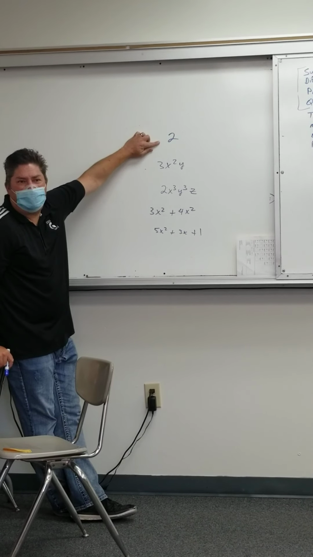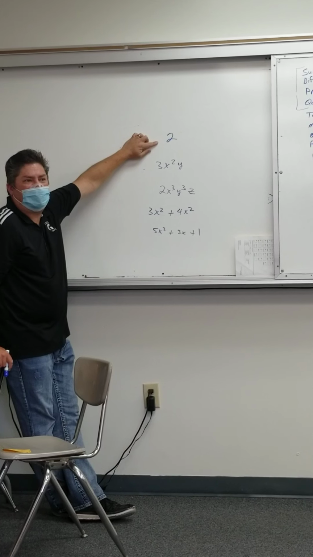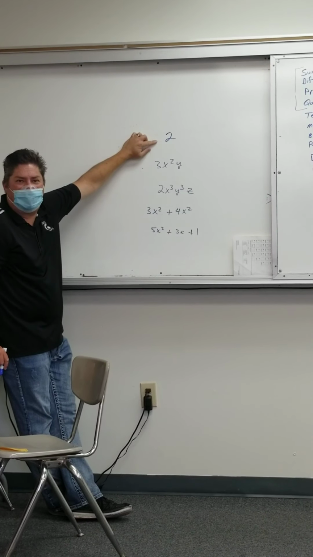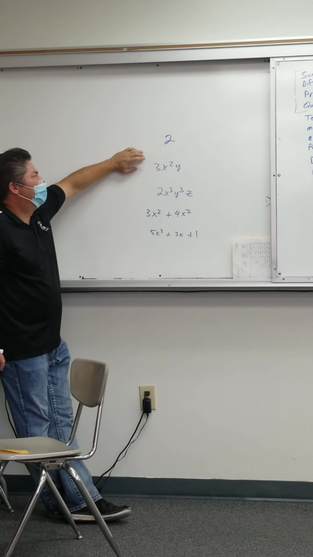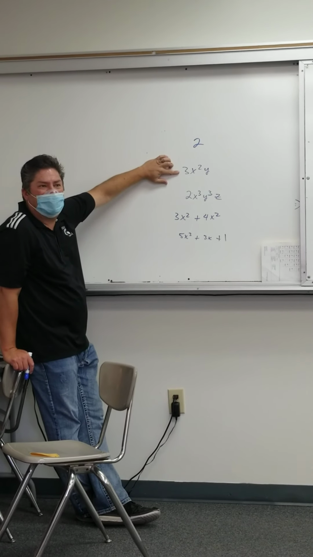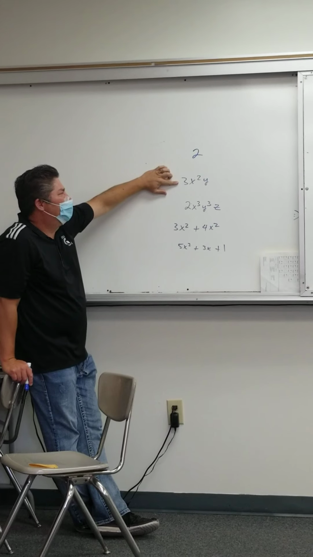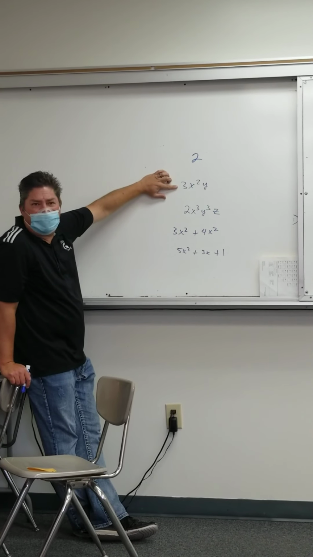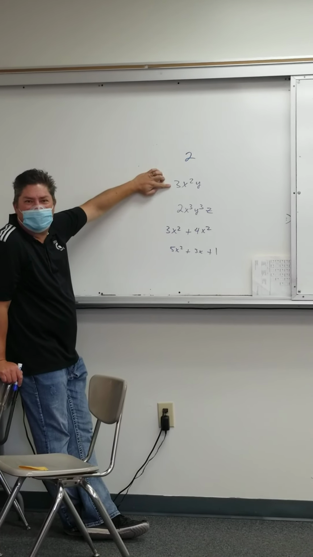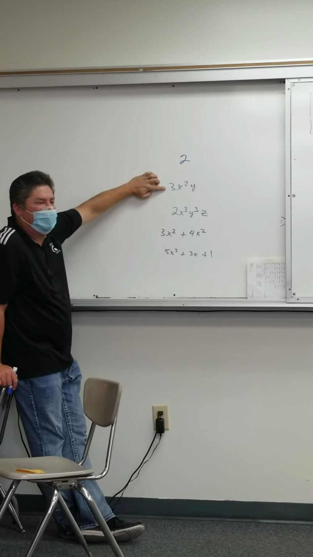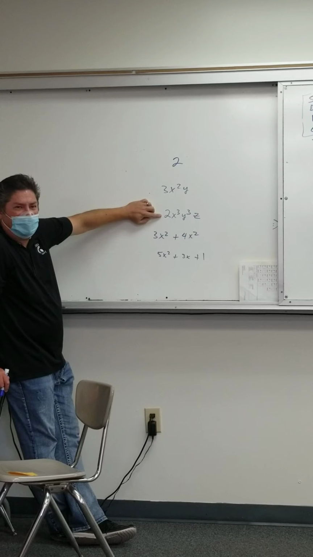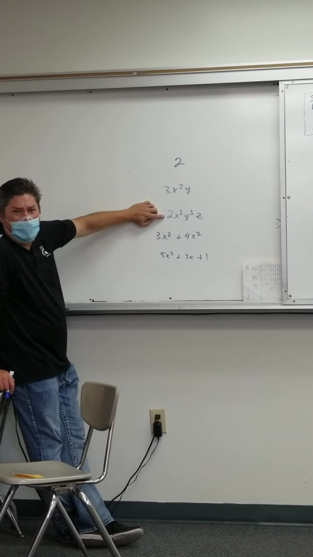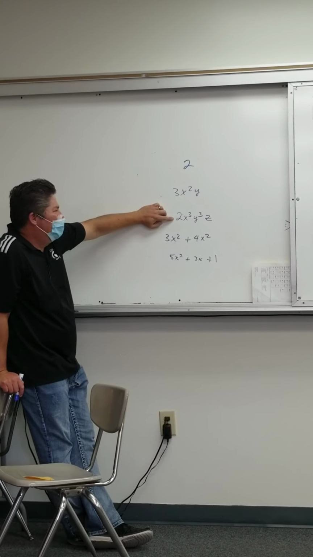How many terms? Zero or one is probably your guess. It's okay, we're just guessing right now. How many terms? Probably 2, 3, or 1 is your guess. How many terms? Either 4, 3, or 1.